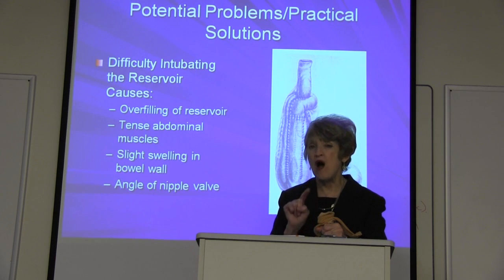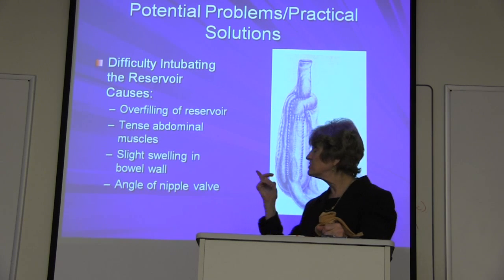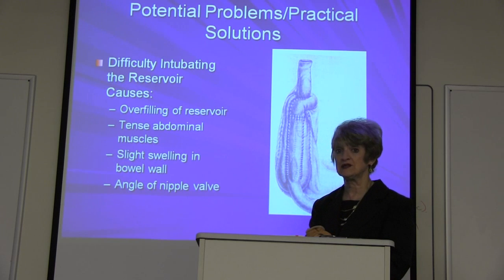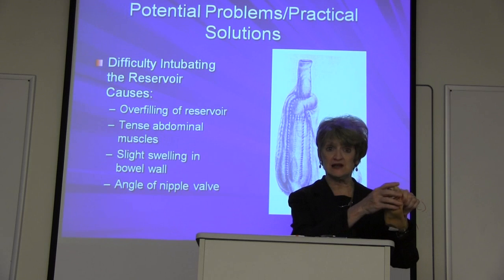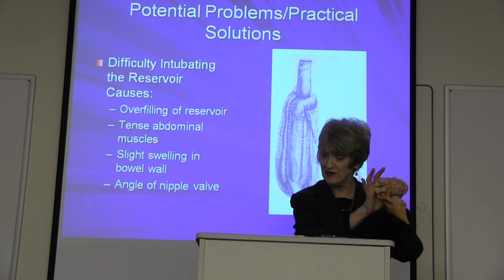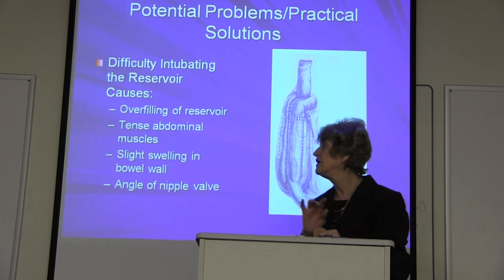Goes back to, why would you have trouble passing the catheter in the first place? Well, here are some common reasons. Overfilling of the reservoir, like I just explained. If I'm very tense and my abdominal muscles are tense, my abdominal muscles surround the stoma and the continence mechanism, so I'm getting extra compressive force.